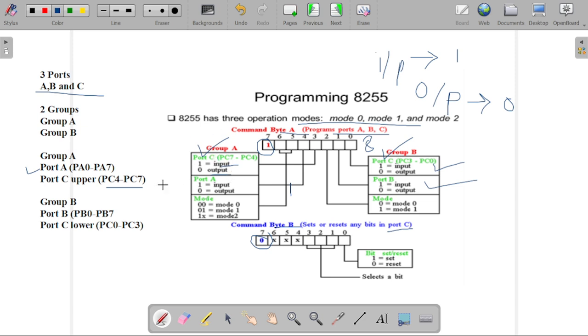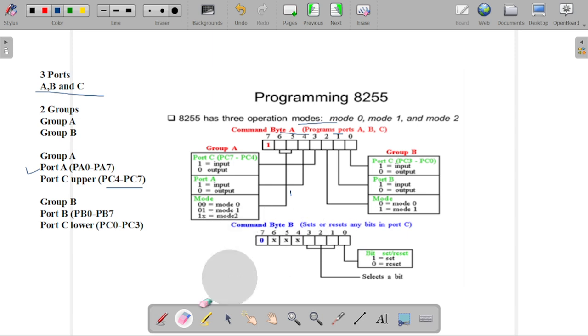For each and every port, this is common for the input and output value. There are differences in the modes of operation given for group A and group B. So this is the mode for group A and this is the mode for group B.